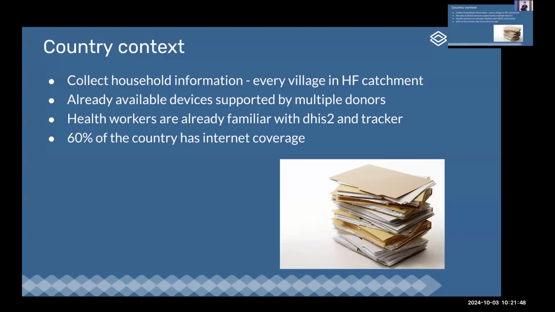and usually they use paper to record that information. Originally, the name of the project they call family folder, as you can see, because each family will have one folder, and they will store that paper to collect all the information of that family. And then the next family will have another folder.